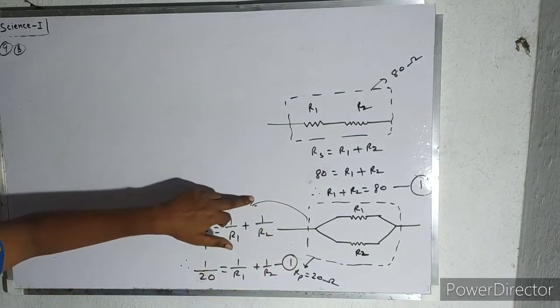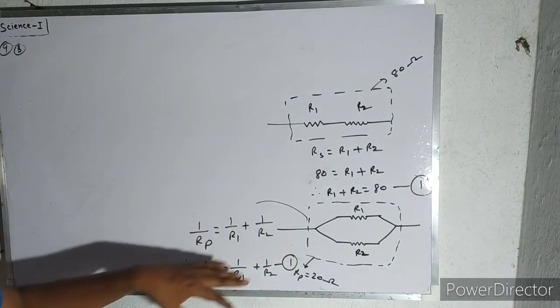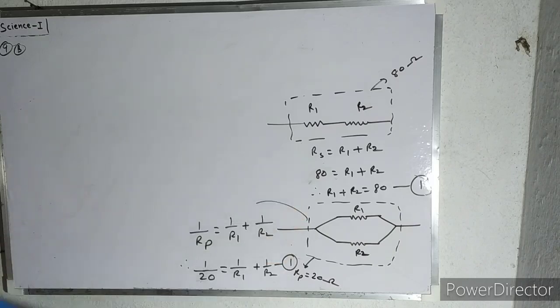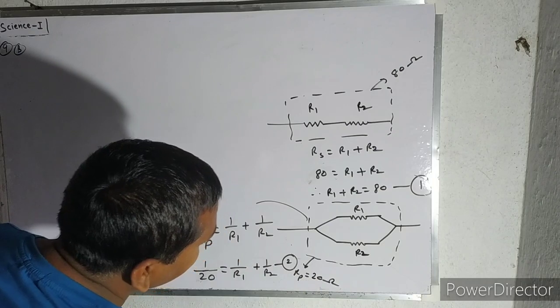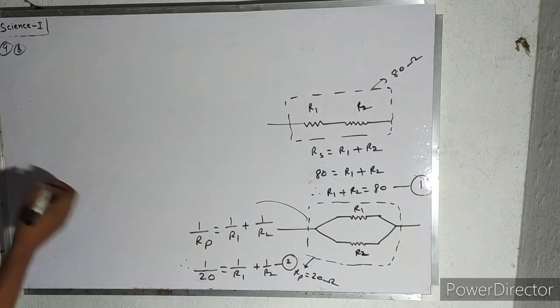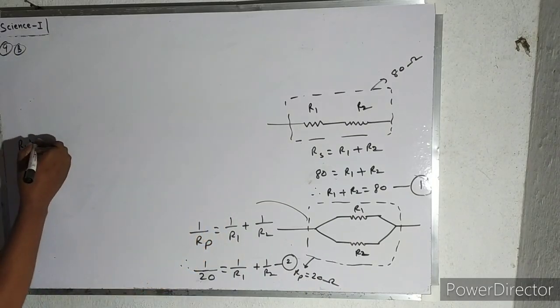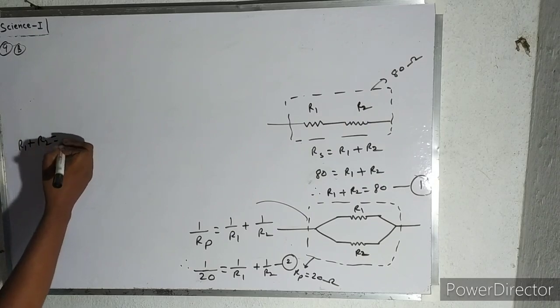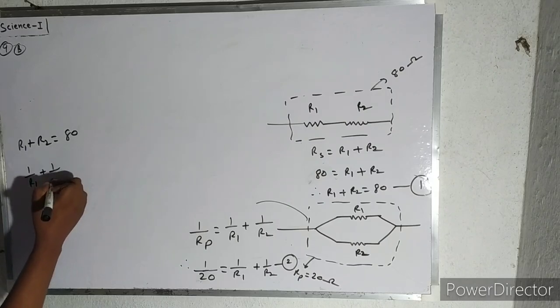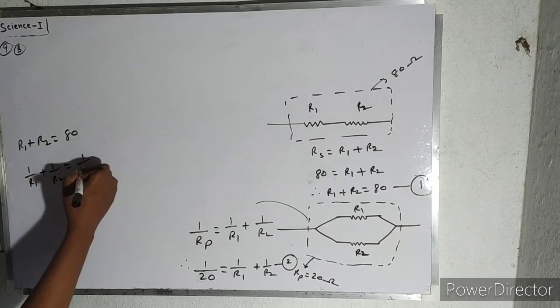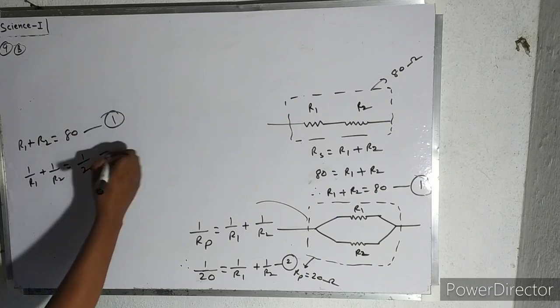Maybe your parents are there. So two equations, two variables. I write here R1 plus R2 is equal to 80 and 1 upon R1 plus 1 upon R2 is equal to 1 upon 20, equation number 1, equation number 2.